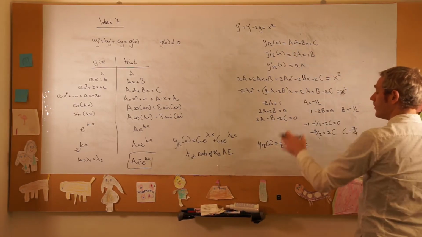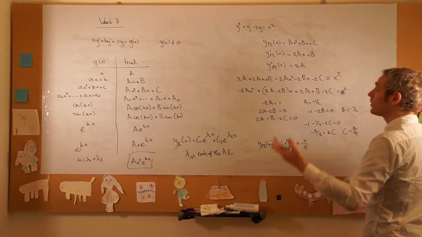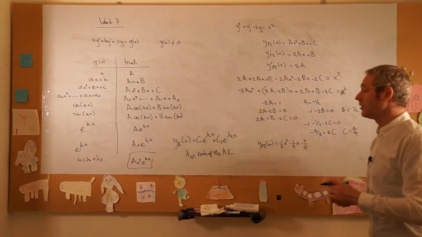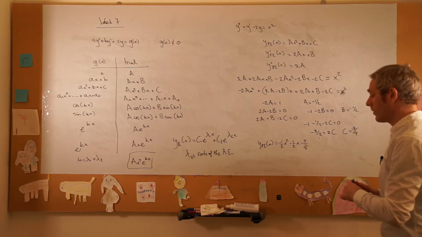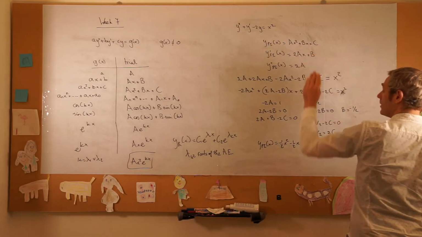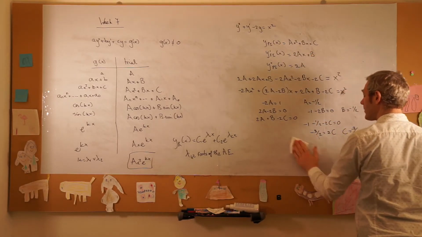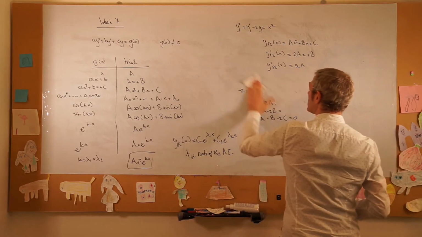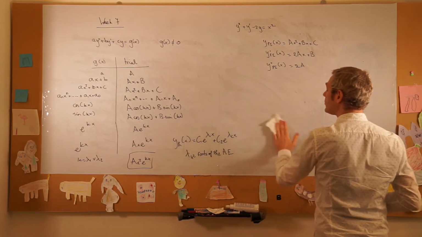Now for this one we find the particular integral, we know what the homogeneous solution is, we add the two together and we get our final solution. So this is an example for a second order polynomial.